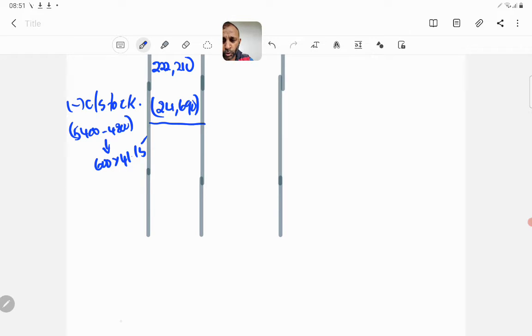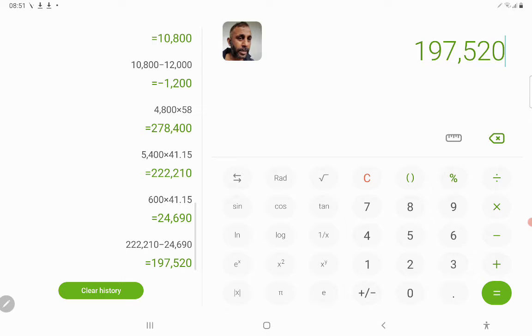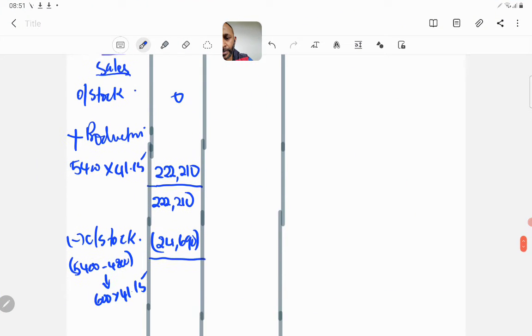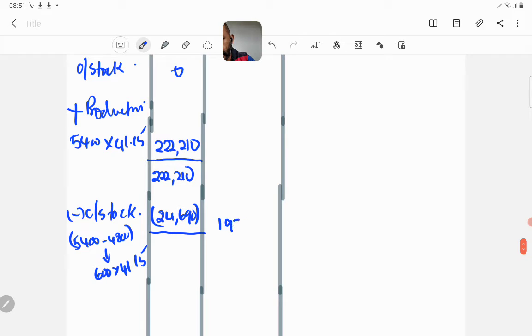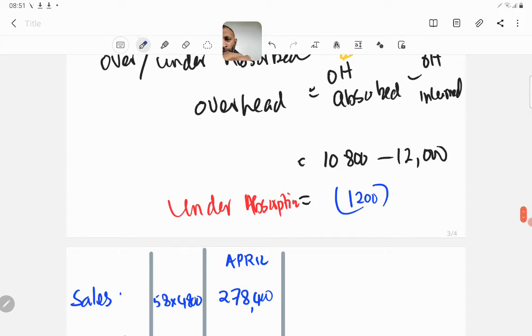So 222,210 minus 24,690 is 197,520. We take that answer here. That is my cost of sales. Please remember, in absorption costing, in addition to subtracting cost of sales, we also need to incorporate the under or over absorbed overhead.